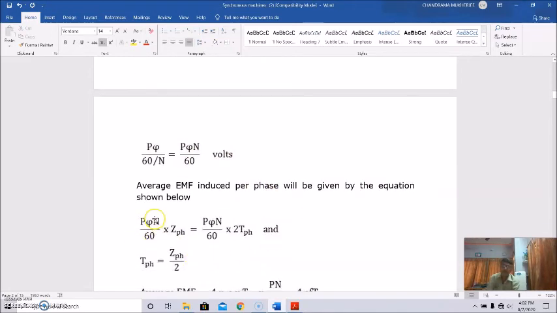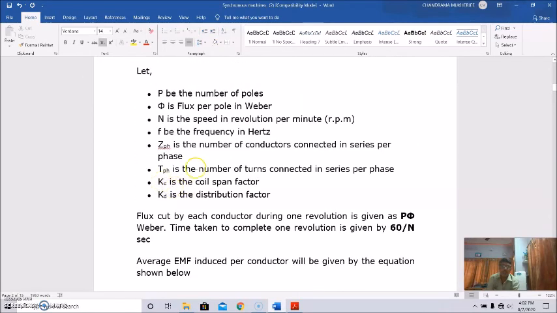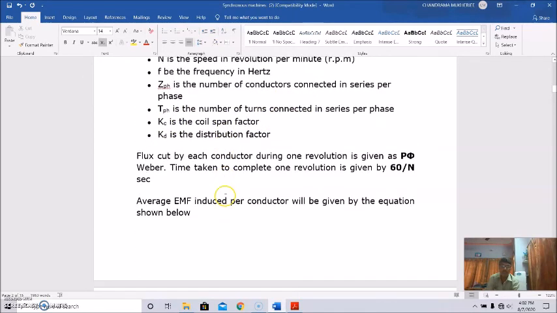It is multiplied by the series conductors in a phase, that is Zph, the number of conductors in series per phase.